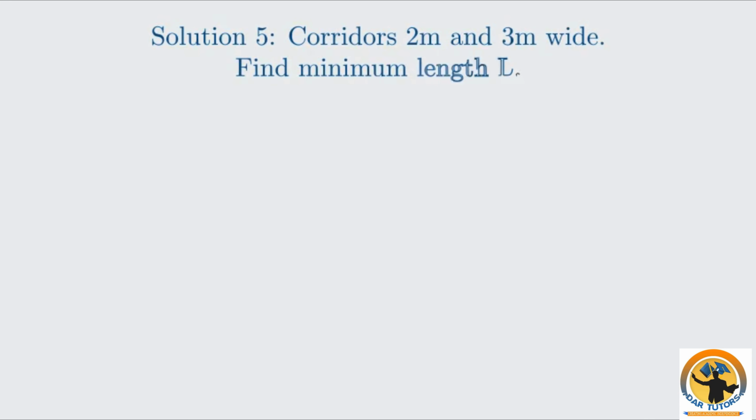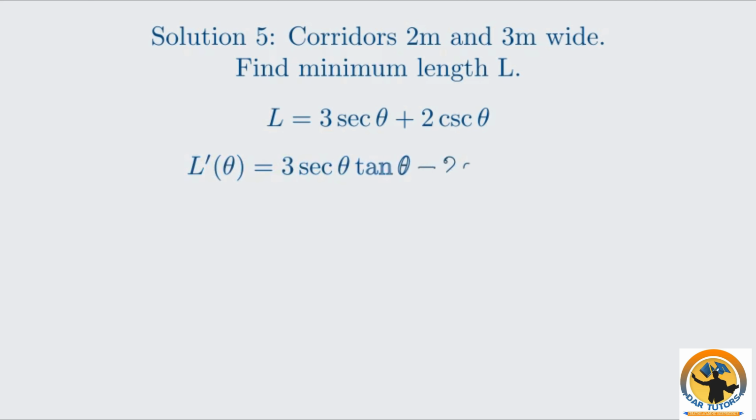Finally, question 5. We need to find the minimum length of a tube that can be moved around a right-angled corridor corner. Let theta be the angle the tube makes with the 3-meter wall. Using trigonometry, the length L can be expressed as 3 secant theta plus 2 cosecant theta. The derivative is L prime of theta equals 3 secant theta tangent theta minus 2 cosecant theta cotangent theta.